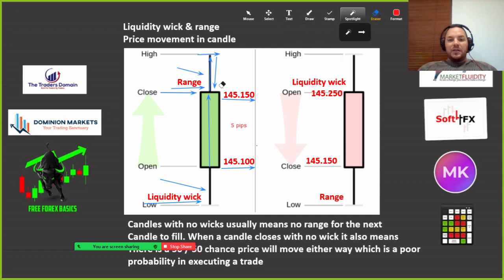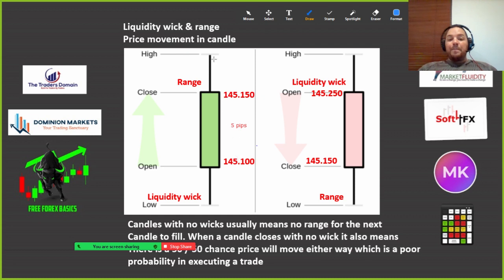Let me just erase this here. What we're saying here is price moved 5 pips. Now you may be asking, I don't understand what 5 pips is. Well, we will discuss this in future videos.